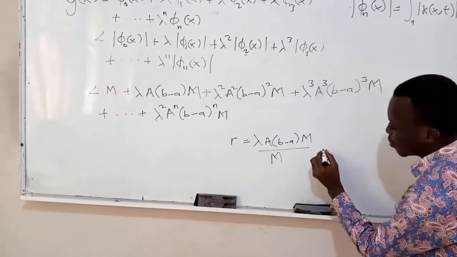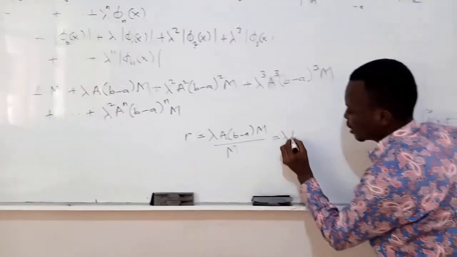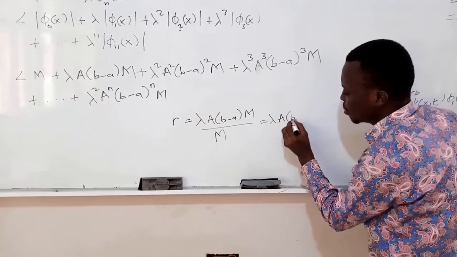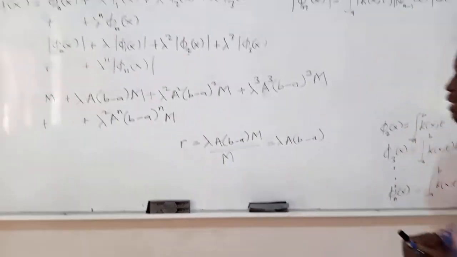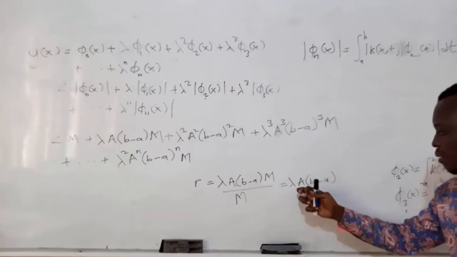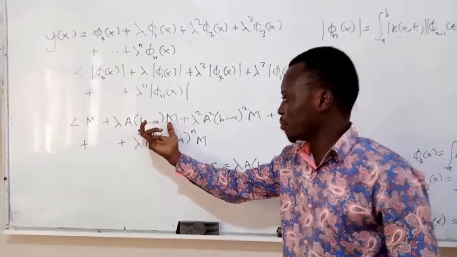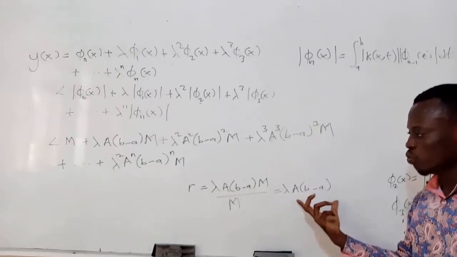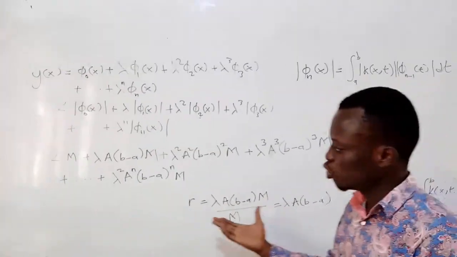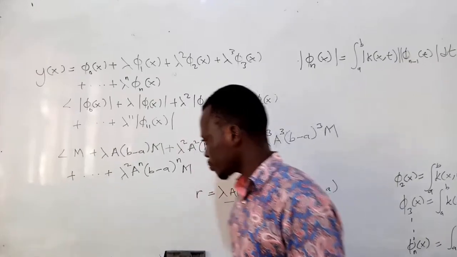So my r here becomes lambda a, bracket b minus a. So with the ratio of lambda a, b minus a, if someone also chooses to take this term divided by this term, you still get the same ratio. That's why we are saying that it's a geometric progression.